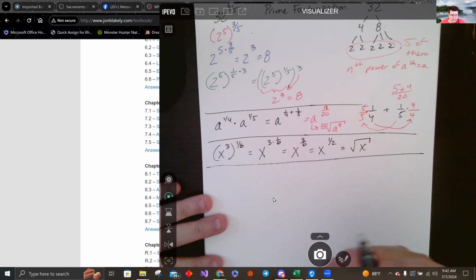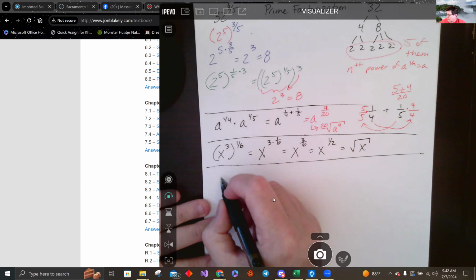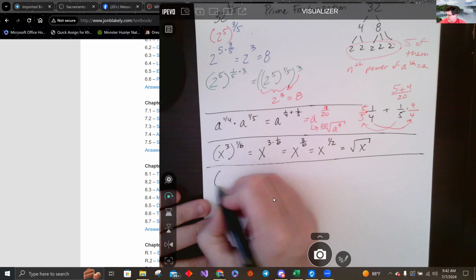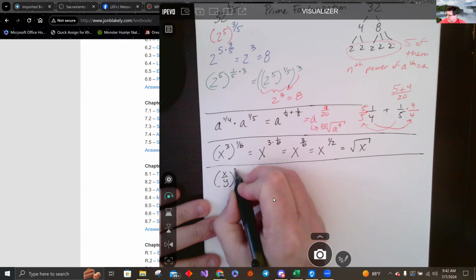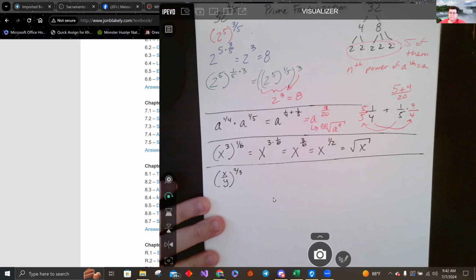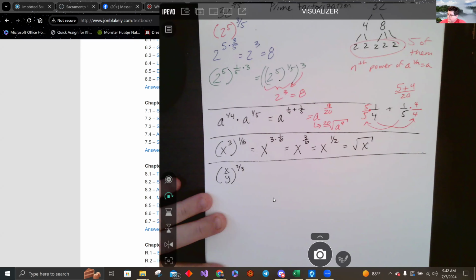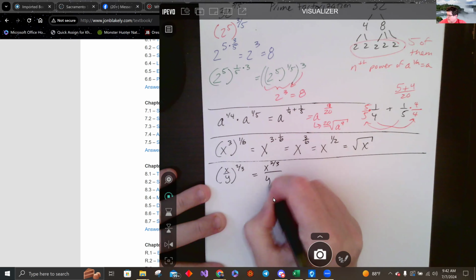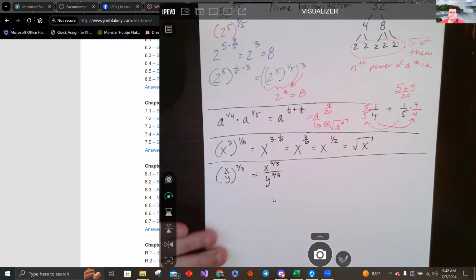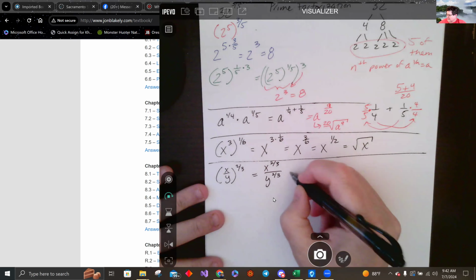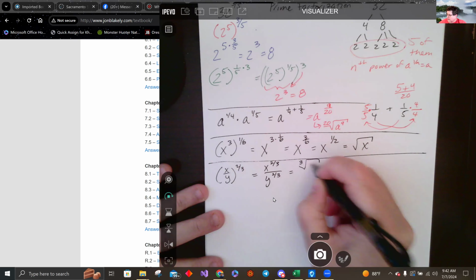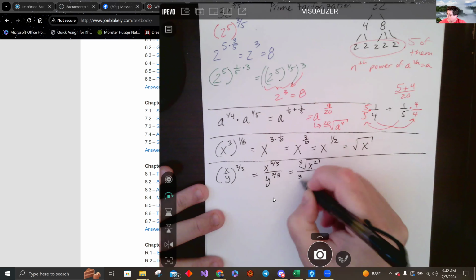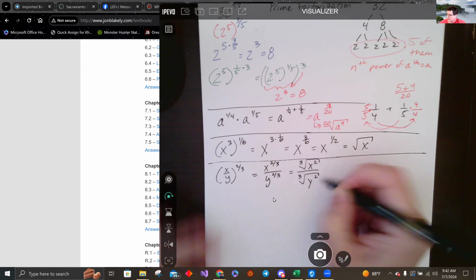Next one is x over y to the 2/3 power. Here we can distribute each of these. This is like the cube root of x squared over the cube root of y squared.